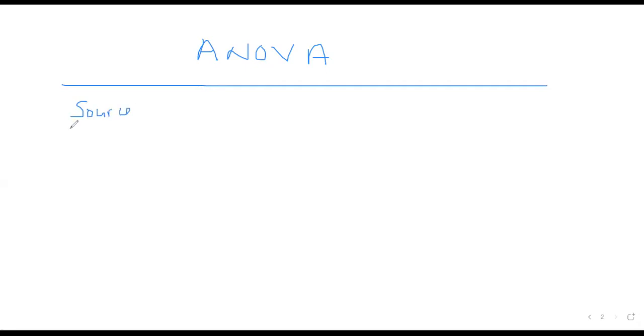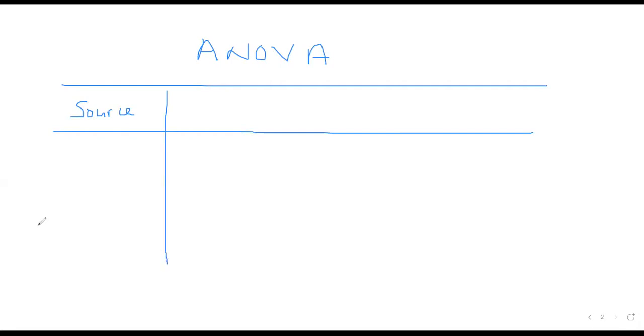Can you see what I'm writing? No. Doctor, I don't see anything. Maybe you can refresh. Try to refresh or log out and log in.